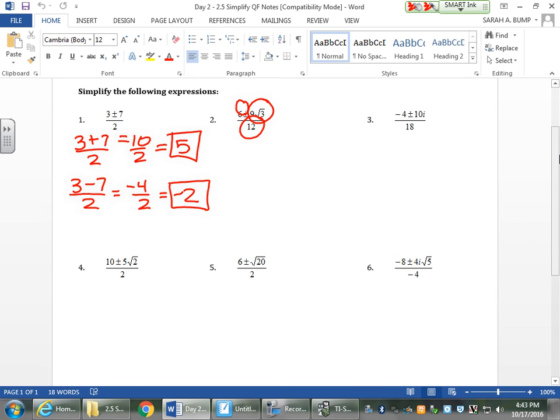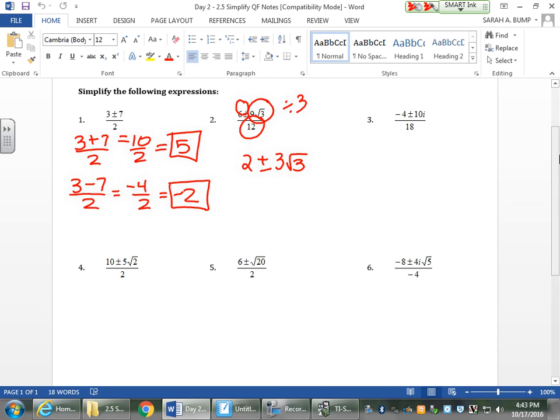It doesn't have to go into the radical 3. That number would be 3. So you could divide all the terms by 3. 6 divided by 3 is 2, plus or minus 9 divided by 3 is 3. Radical 3 stays radical 3. You don't touch that one because it's under a radical. And you've already divided that term by 3 by dividing the 9 by 3.